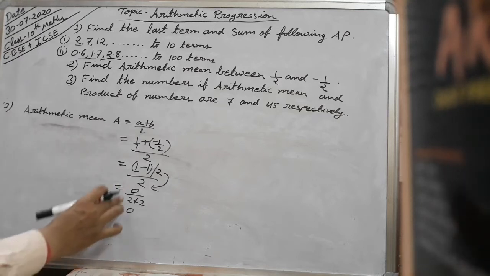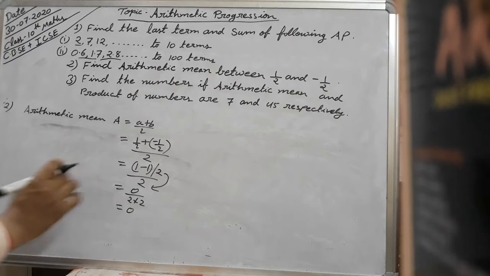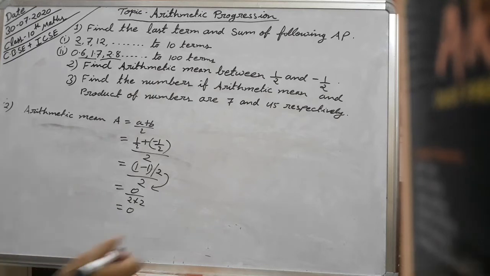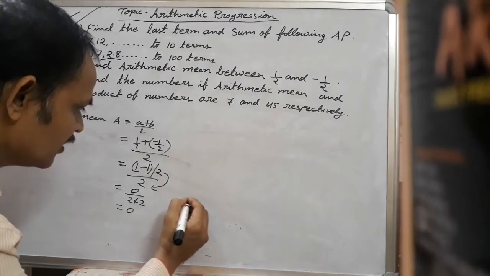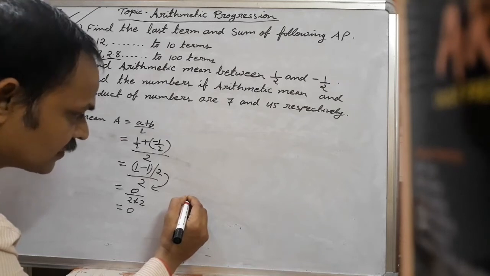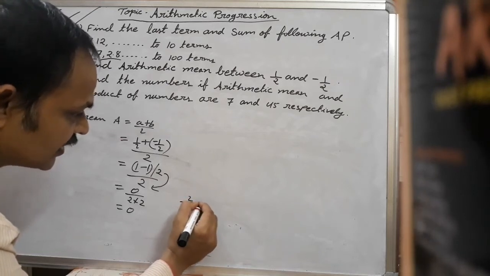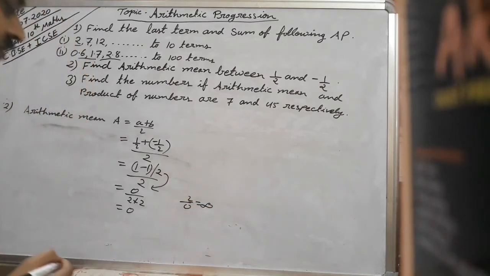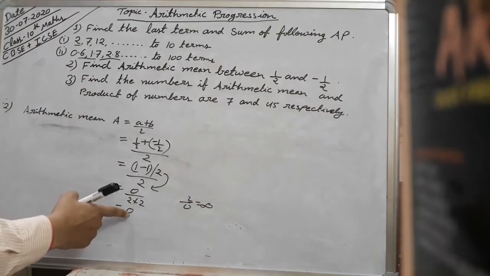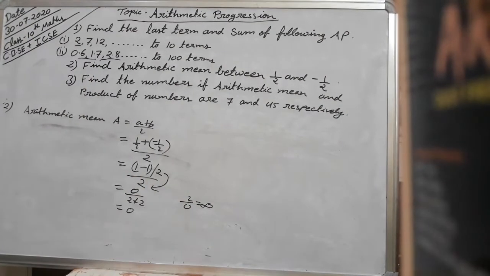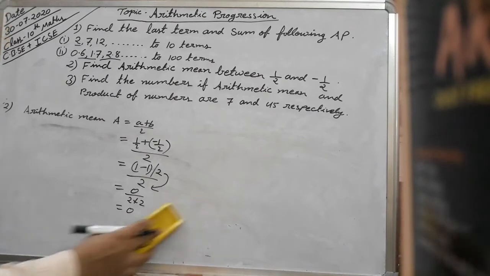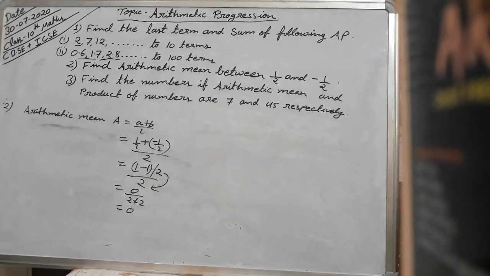If 0 is divided by any number, you will get the answer 0. If opposite, any number divided by 0, then you will get infinite. But here it is 0 by any number, therefore 0. This is the arithmetic mean.